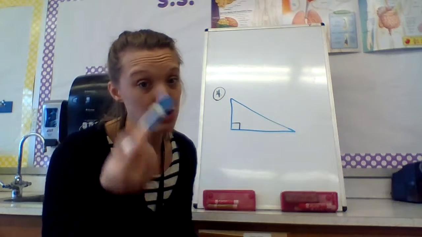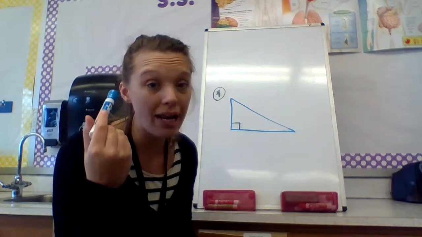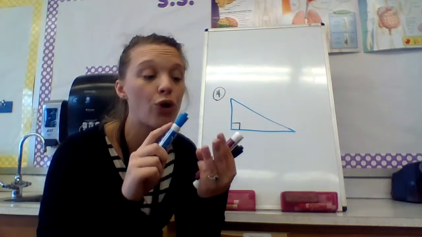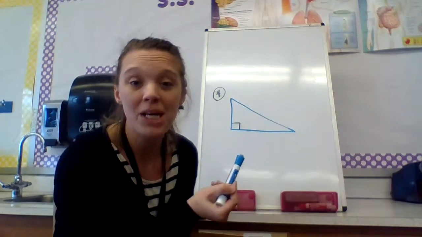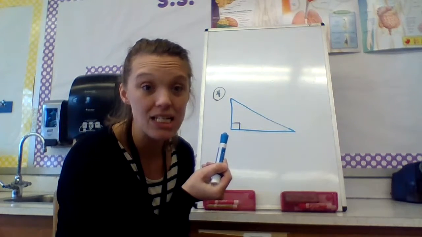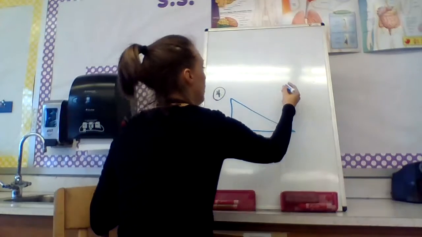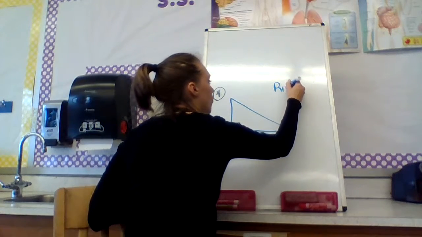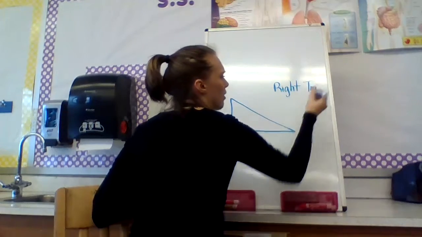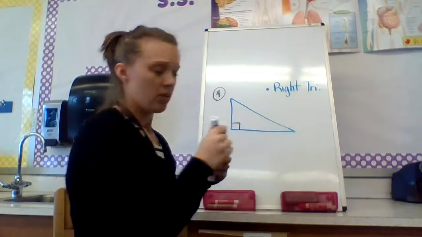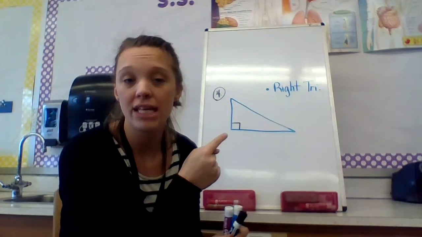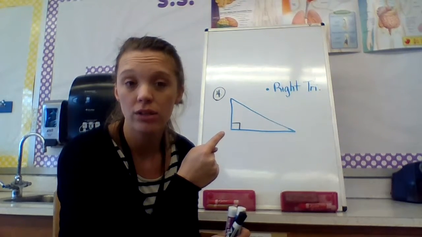And going back to our list of triangles based on their angles, there's a right triangle, an acute triangle, or an obtuse triangle. Because there is a right angle, this must be a right triangle. So this is a right triangle. I'm going to abbreviate triangle. So we just determined what kind of triangle this is just based on the angle.